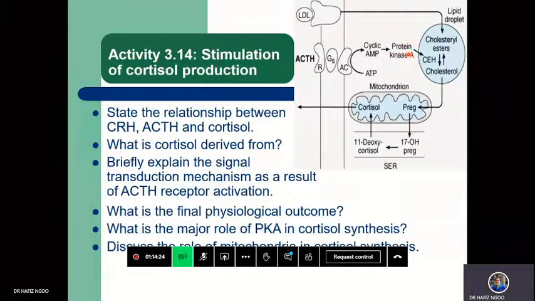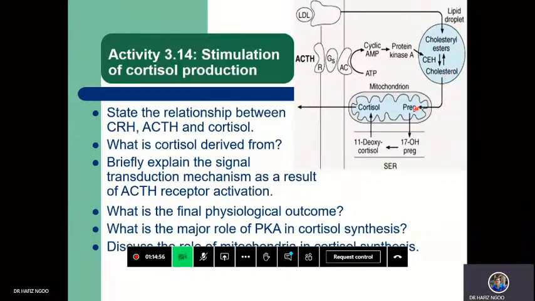What does protein kinase A do? It increases the activity of cholesterol ester hydrolase, CEH, to convert stored cholesterol esters into cholesterol.